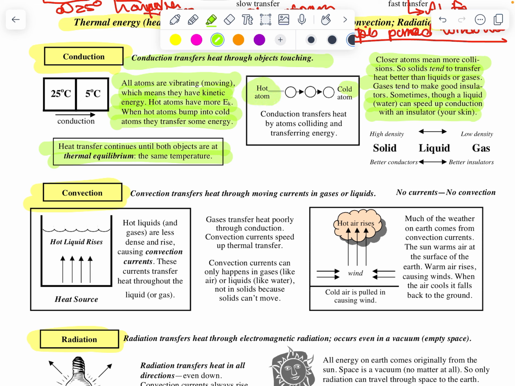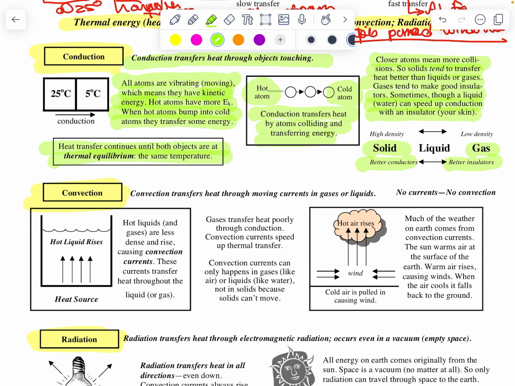So hot atoms transfer energy to cold atoms, and when they touch, we call that conduction. Better conductors are solids, better insulators are gases. So many of these little factoids will be on your assessments for this unit.